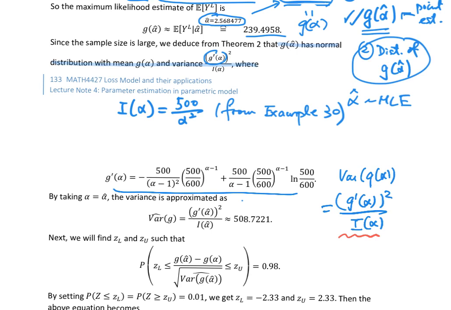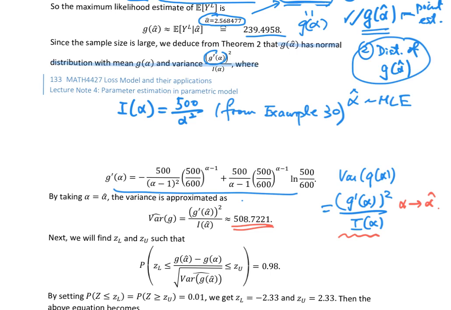What we do is replace all the alpha by alpha hat. By substituting alpha equal to alpha hat into this formula, the variance can be approximated by 508.7221. That will be the approximation for your variance.